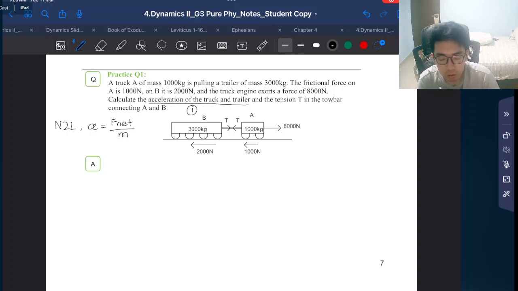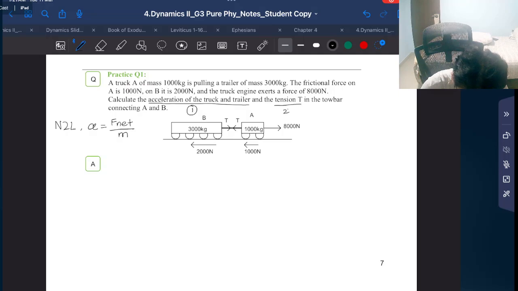To answer this, we ask another question: are they being tied together? A and B are tied by the rope, so they are connected, and their acceleration will be the same. So we just need to find one acceleration, and then the second thing to find is the tension.